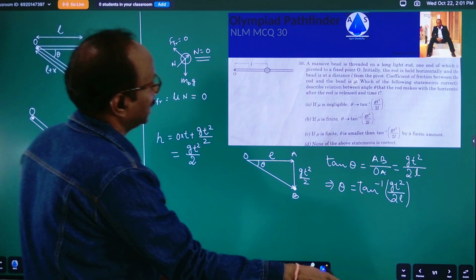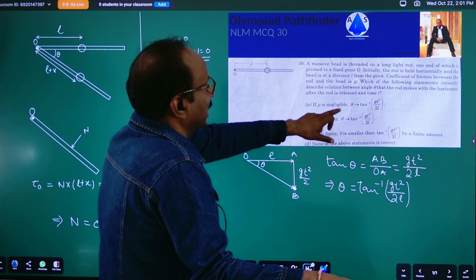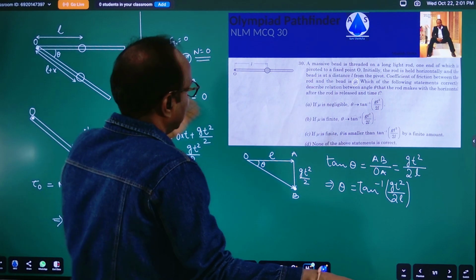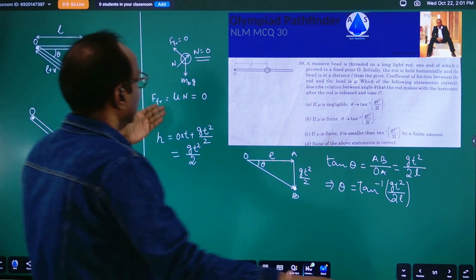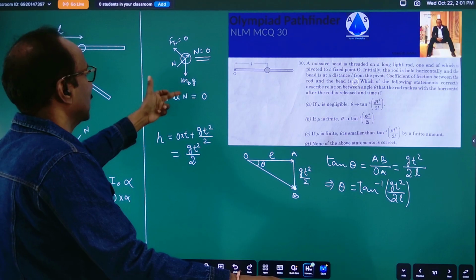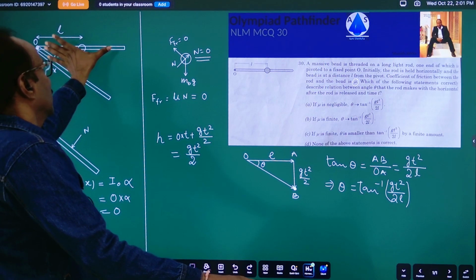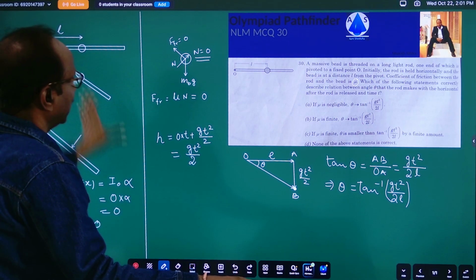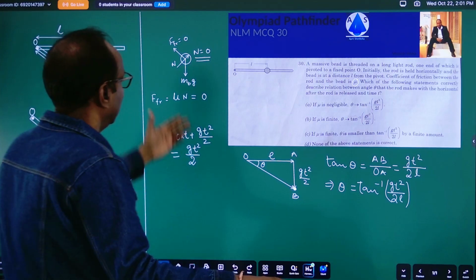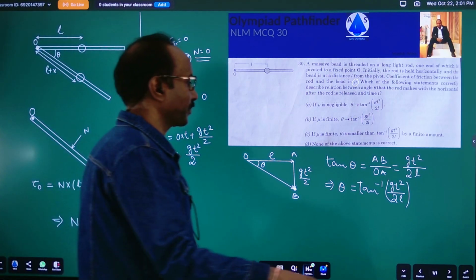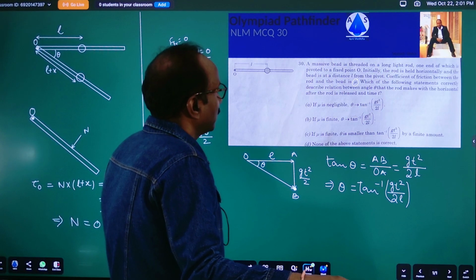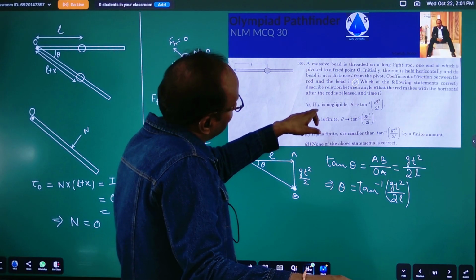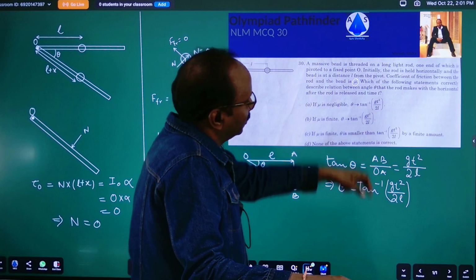So you can check the option. If mu is negligible, that is fine, because theta is not depending on it, because N is 0 in all the cases because of your light rod. The rod being light, that is massless, N is 0. So if mu is negligible, theta is equal to this.